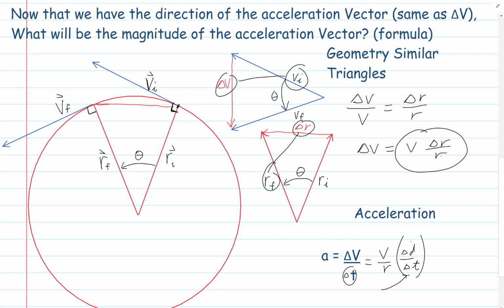So v over r, and what's in brackets here is the displacement over the time, because it is constant motion. This is just v as well, distance over time. So we end up with v squared over r. So the centripetal acceleration is v squared over r.